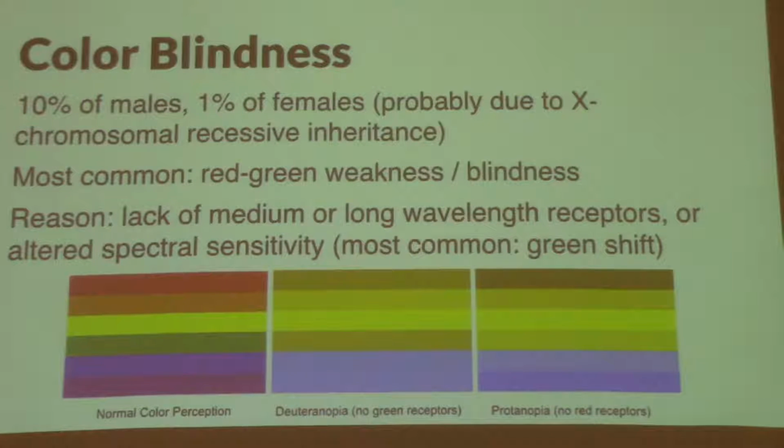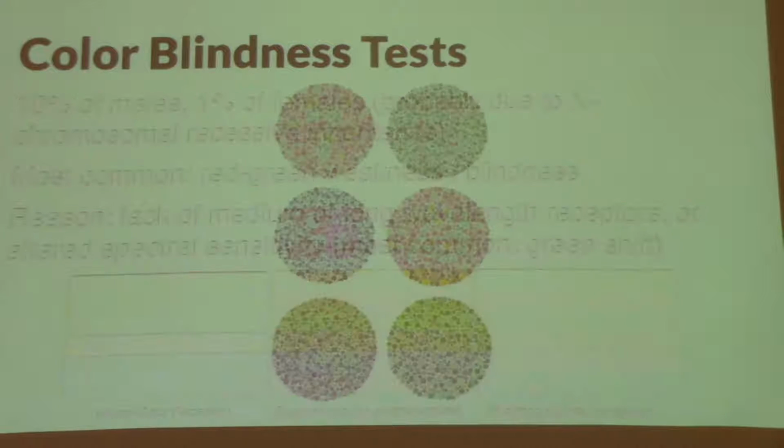If you don't have any green receptors, you can't distinguish those two colors, and this color looks exactly the same to you as the red color. And if you don't have any red receptors, this is how this would look to you. So it's important to design your color scales so that people, at least with red-green blindness, don't suffer from it, because you're essentially excluding a large percentage of your audience.